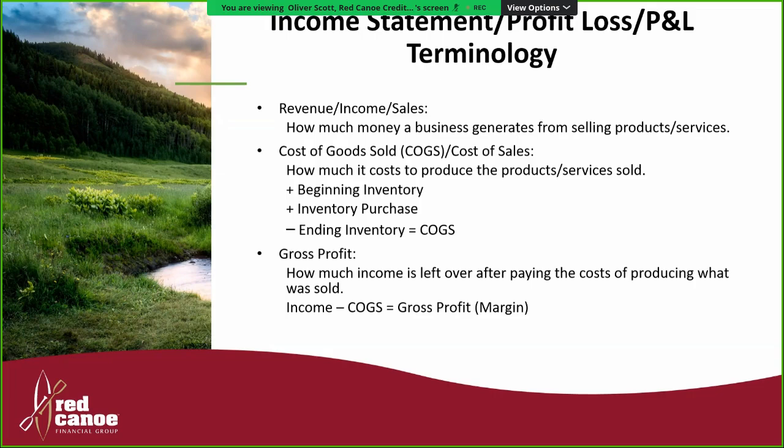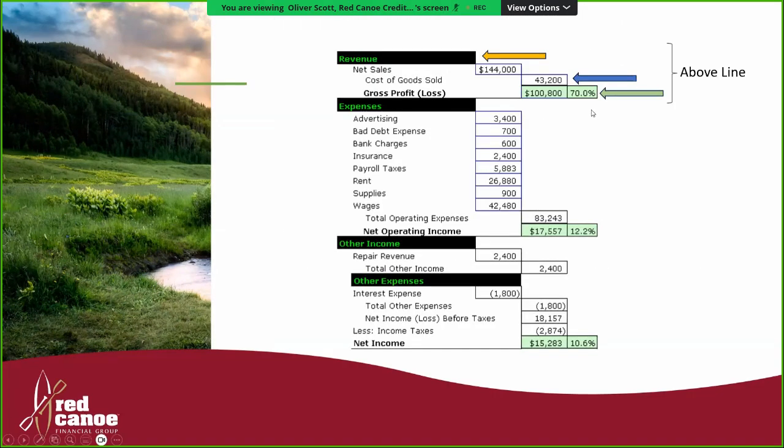All right. So if I can move on to the sample that we have here, you see we've talked about revenue. We've talked about the cost of goods sold and the gross profit. So they sold $144,000 worth of products and services.